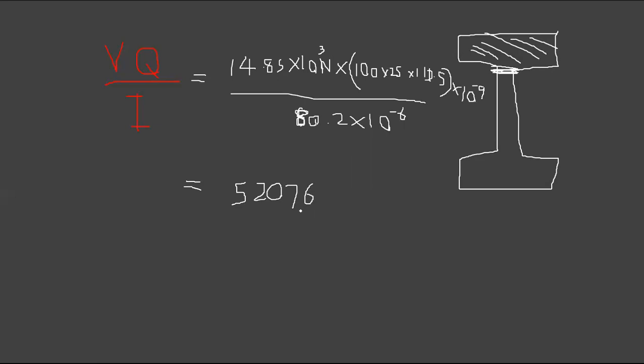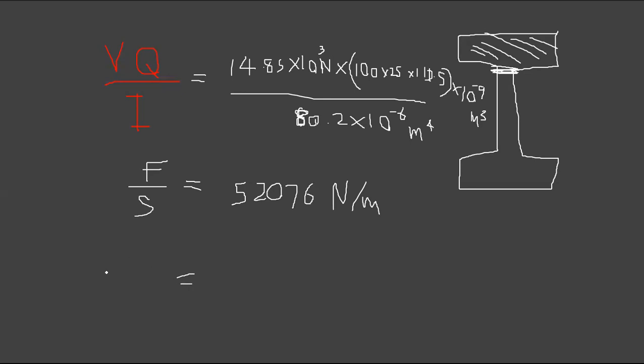I think it's correct. Newton, millimeter cubed, meter to the fourth, so yes, that's giving you newtons per meter, per unit length. So that is your F over S.